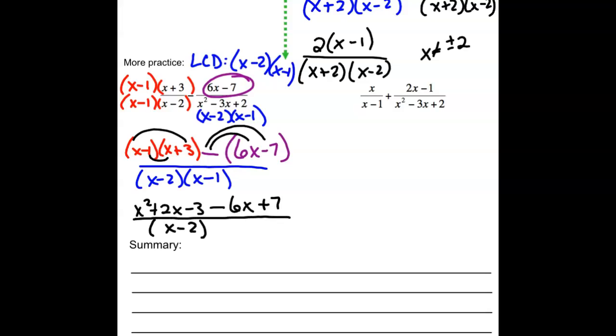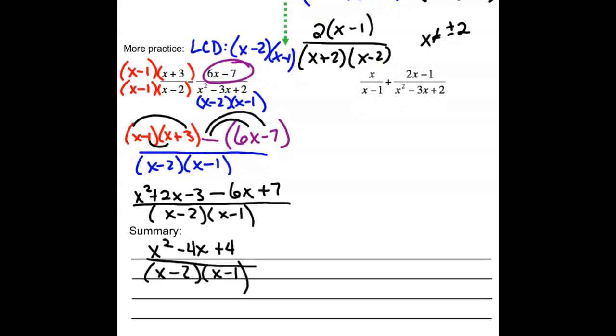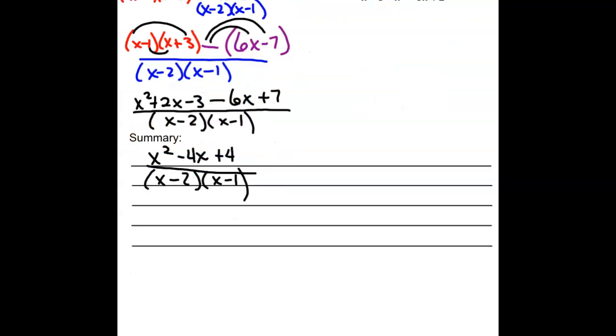Our denominator we're going to keep still in this factored form, and then we're going to combine any like terms in the numerator. So my final here would be x squared. A 2x minus a 6x would be negative 4x. A negative 3 plus a 7 would give us a positive 4. Over our common denominator. All right, now, for this particular question, we actually can take it a little bit further, because x squared minus 4x plus 4, this piece could be factored into x minus 2 times x minus 2.